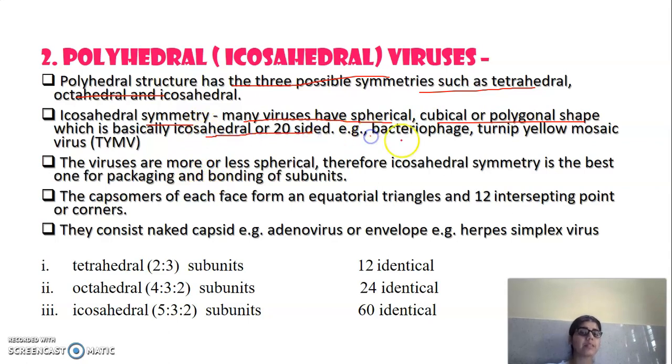Examples are bacteriophage and turnip yellow mosaic virus. The viruses are more or less spherical. Therefore, icosahedral symmetry is the best one for the packaging and bonding of the subunits. The capsomers of each face form an equilateral triangle with 12 intersecting points or corners. They consist of naked capsids, for example adenovirus, or enveloped viruses, for example herpes simplex virus.